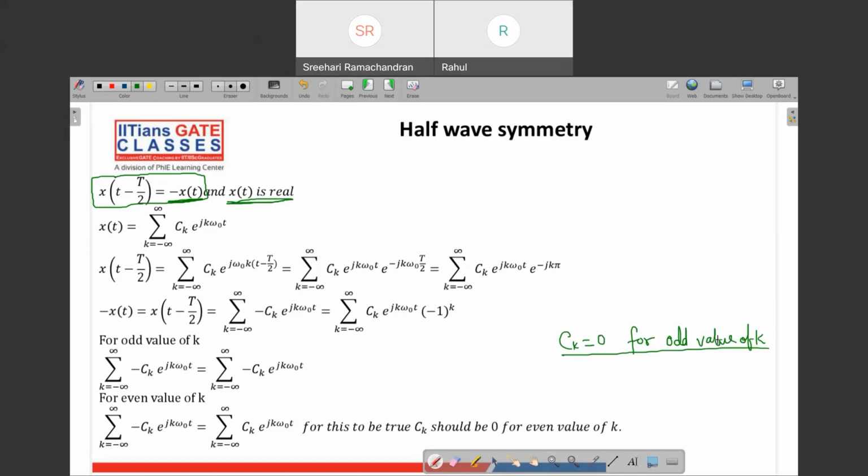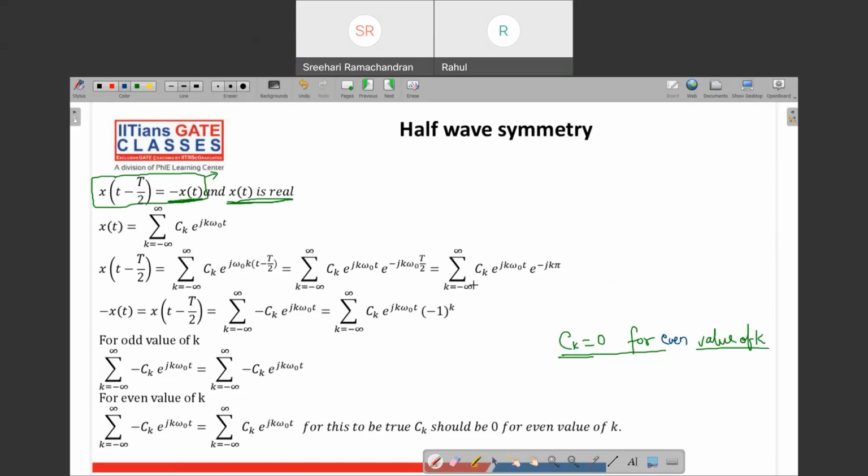So when you have a signal satisfying this half-wave symmetry criterion, ck will be equal to 0 for all the odd values of k. Sorry, there's a mistake here. It should not be odd, it should be even actually. So ck should be equal to 0 for even values of k.